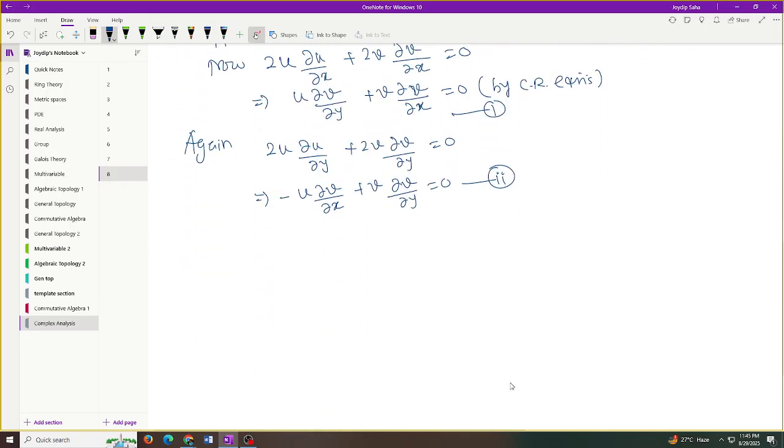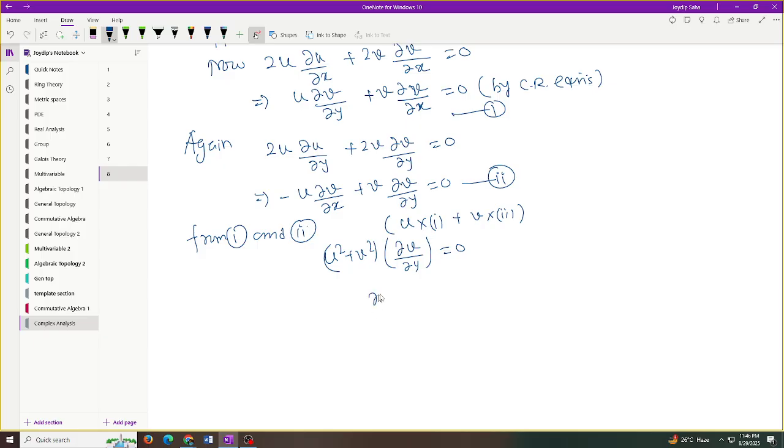From 1 and 2 we get u square plus v square, that is r square.